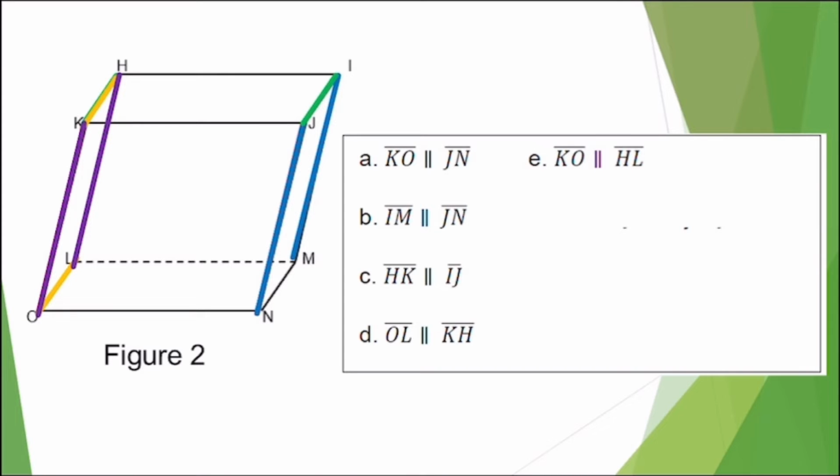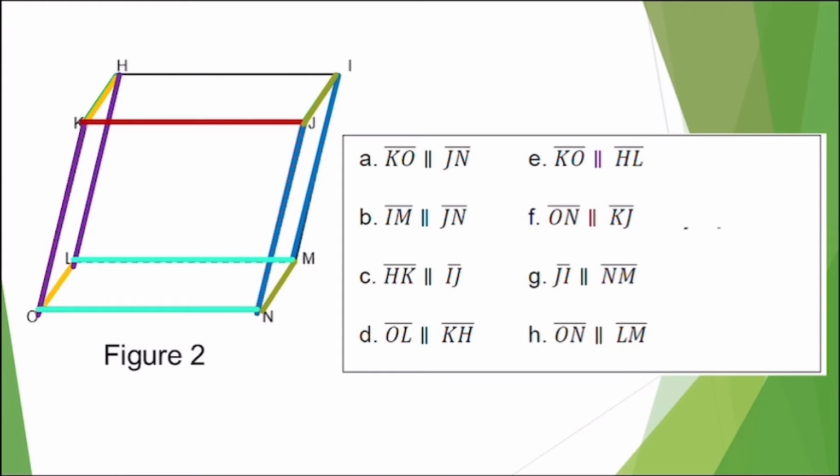Next, line segment ON is parallel to line segment KJ. Next, line segment JI is parallel to line segment NM. Next, line segment ON is parallel to line segment LM. Next, line segment HL is parallel to line segment IM.